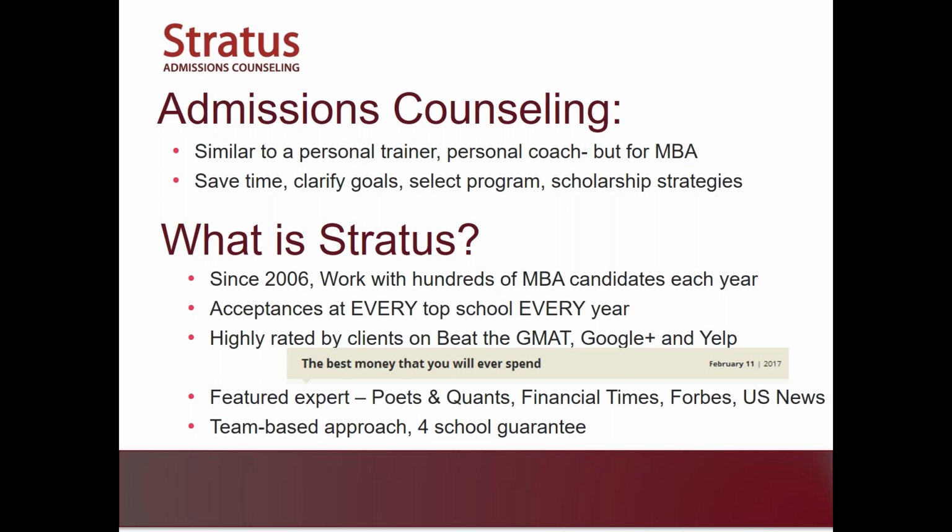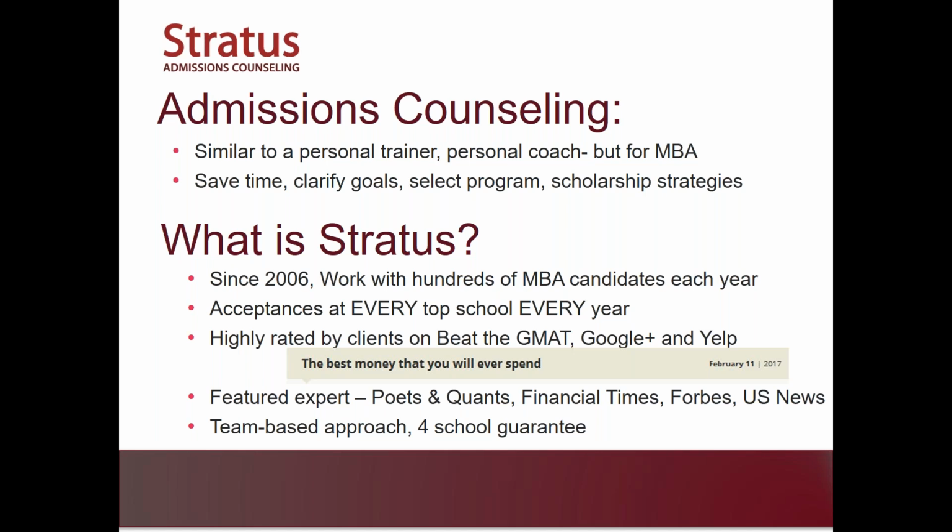We also are unique among other counseling firms in that when people work with us comprehensively, and we work with people in all different ways, hourly, comprehensively, or whatever, but if they work with us on 4 schools and they give it their best shot and it just doesn't work, and fortunately that doesn't happen all that often, but if it does, we actually care so much about the outcome that we are set up so that we will work with people again the second year.